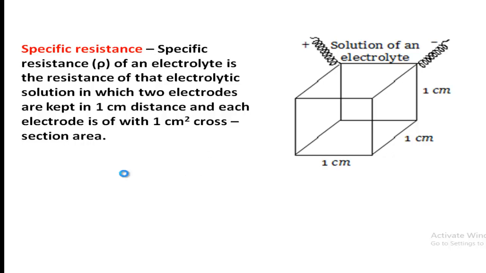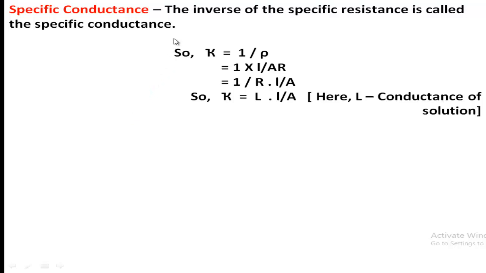So what will be the specific conductance? The inverse of the specific resistance is called specific conductance. That means electrical conductance is the inverse of electrical resistance. Similarly, the inverse of specific resistance is also called the specific conductance.